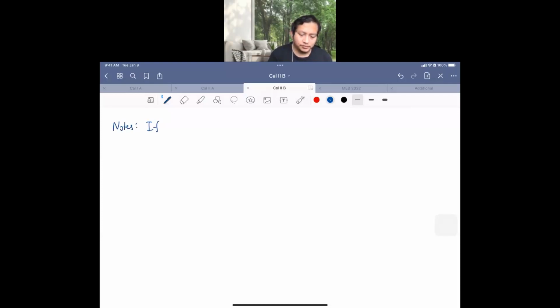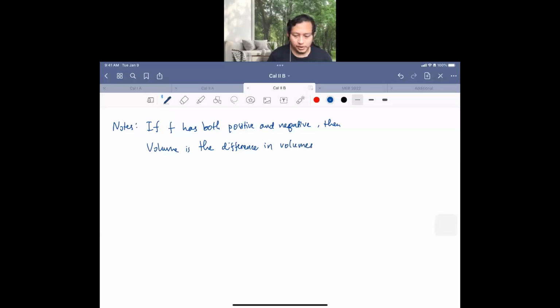If a function has both positive and negative values, then the volume is the difference in volumes between the rectangle and the surface below and above.